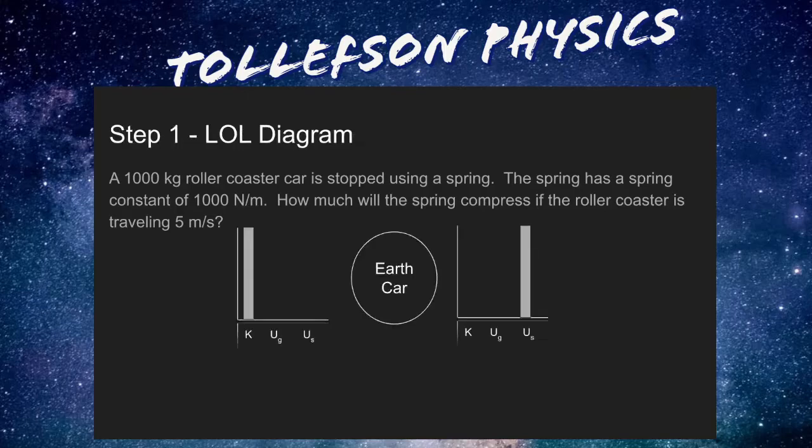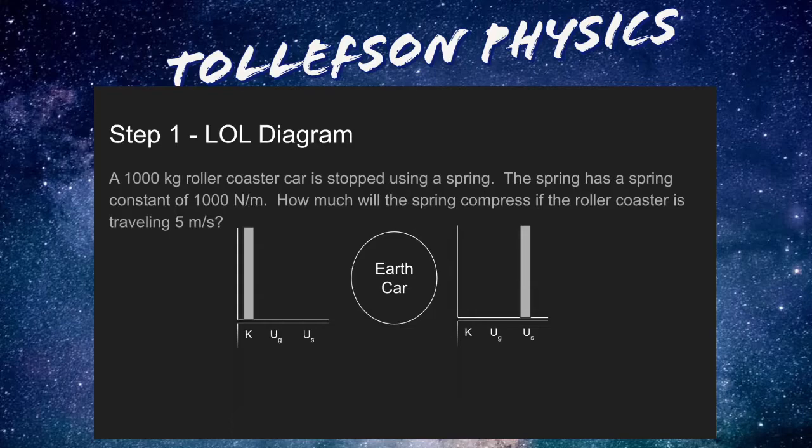All right, so here is what the energy bar chart looks like. So the roller coaster is moving, so it has kinetic energy to start with. The system that I'm looking at is the earth and the car. I don't necessarily need the earth because I'm not changing height, but I included it. And I actually should have also included the spring because we're going to transfer this energy into the spring.